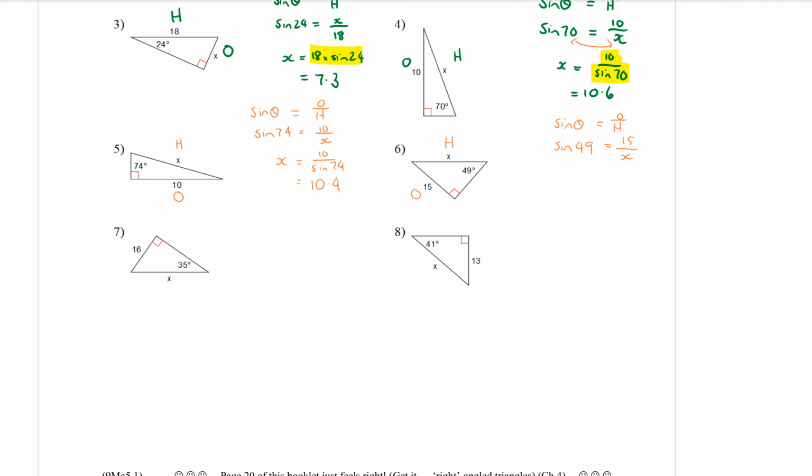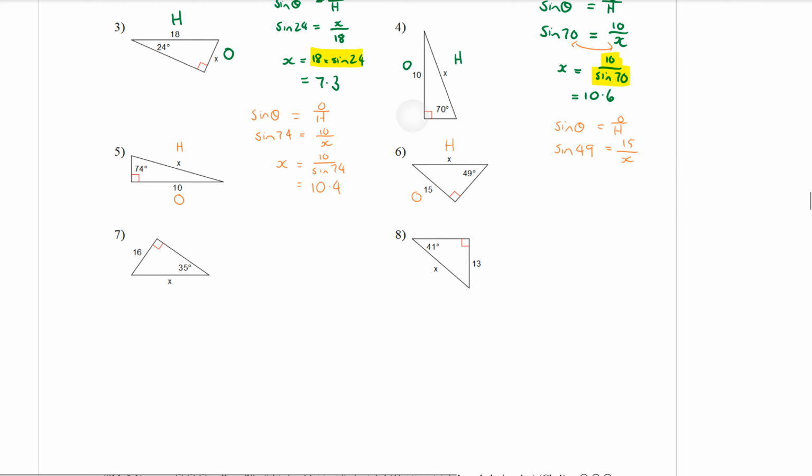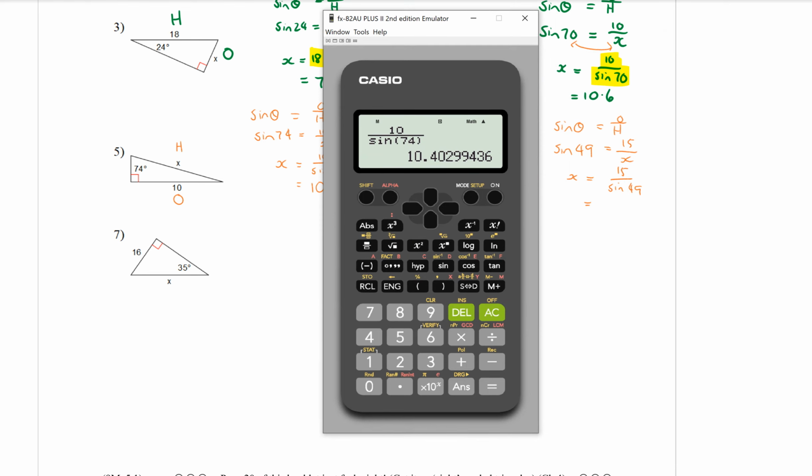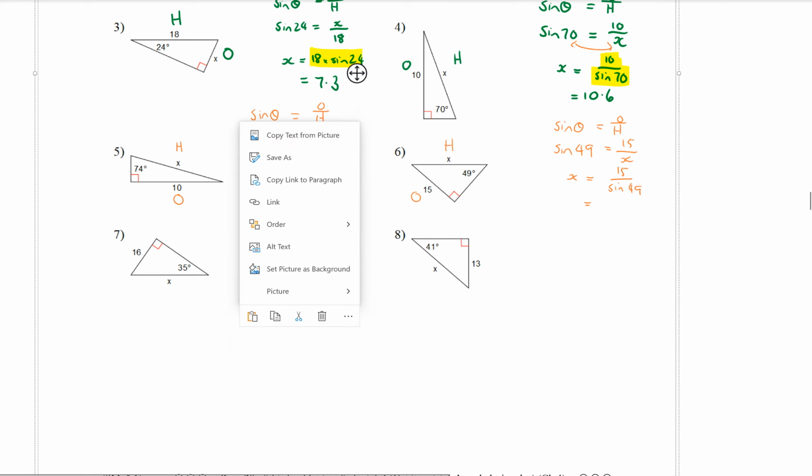Then because the x is on the bottom, we do a switch. X is going to be equal to 15 over sine 49, and type it into the calculator. So that is 19 point, we'll have to round up, 19.9.